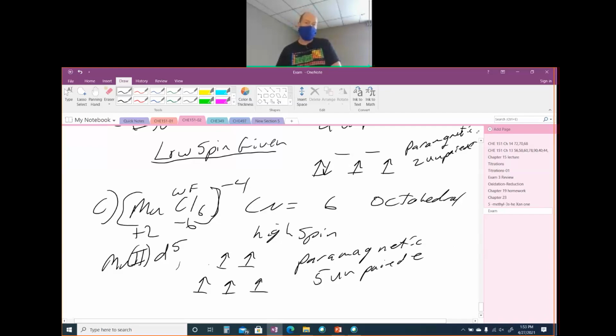And so the hybridization is sp3d2. If there is 1 or more electron in the 2 d orbitals that are higher in energy, then it's sp3d2. If they are completely empty, then it's d2sp3.